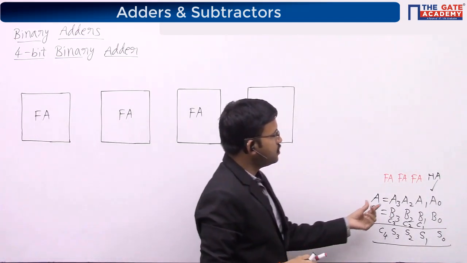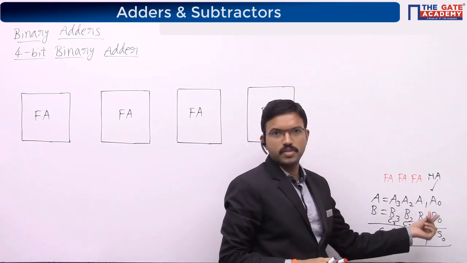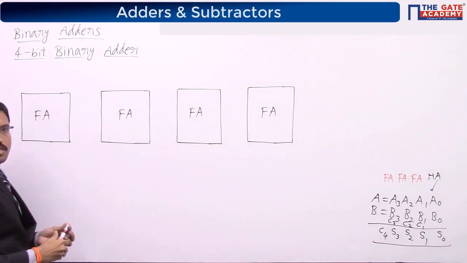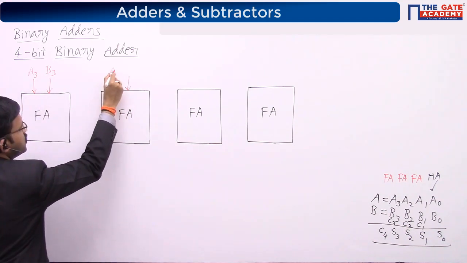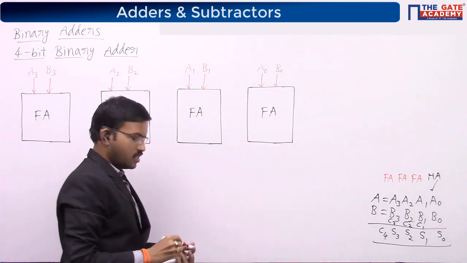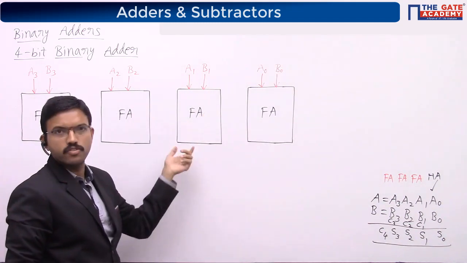Here inputs are A3, B3, A2, B2, A1, B1, A0, B0 regarding A and B. I will place the inputs similarly: A3, B3, A2, B2, A1, B1 and A0, B0. These are the 2 parallel inputs corresponding to A and B for each full adder.